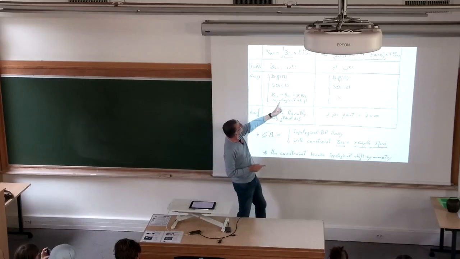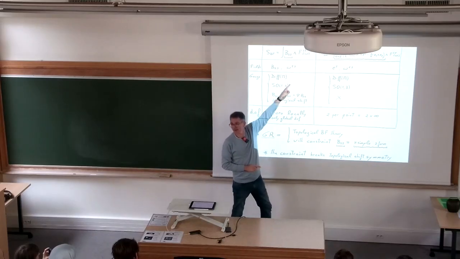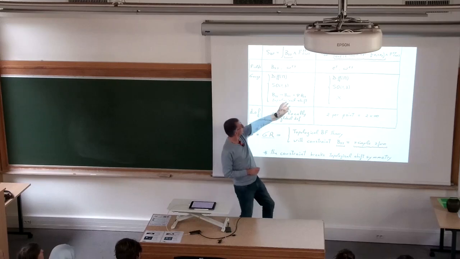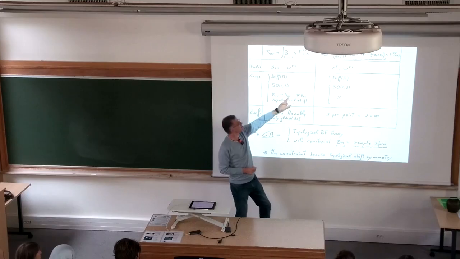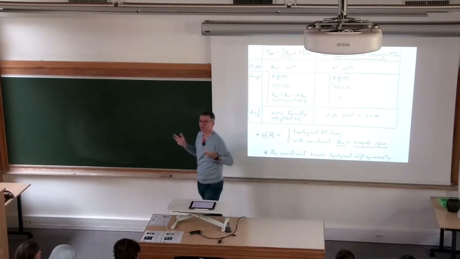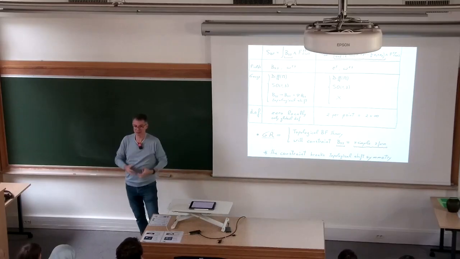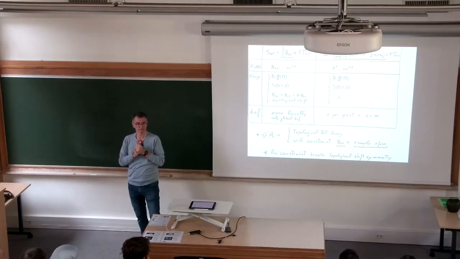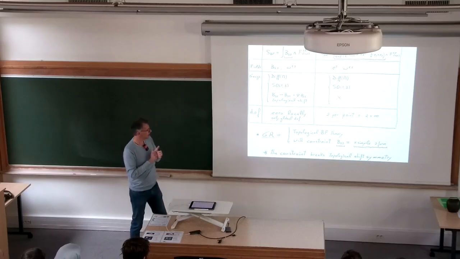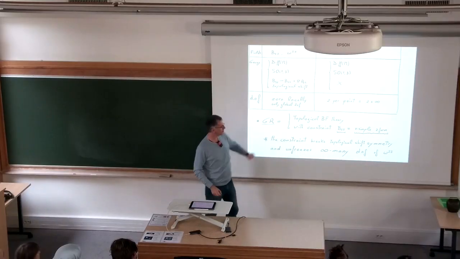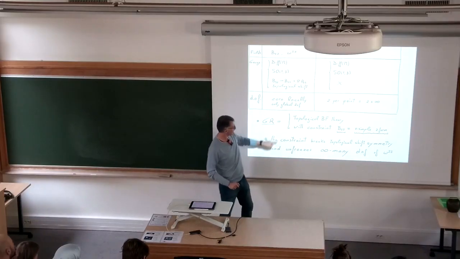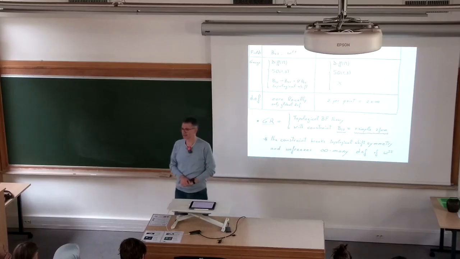If B was free, it would impose that F is flat. Now B is not completely general anymore, and so it cannot impose that F is flat. It's not anymore a free Lagrange multiplier. It's a constraint Lagrange multiplier. Okay? So the constraint breaks the topological shift symmetry, this symmetry, and unfreezes infinitely many degrees of freedom.